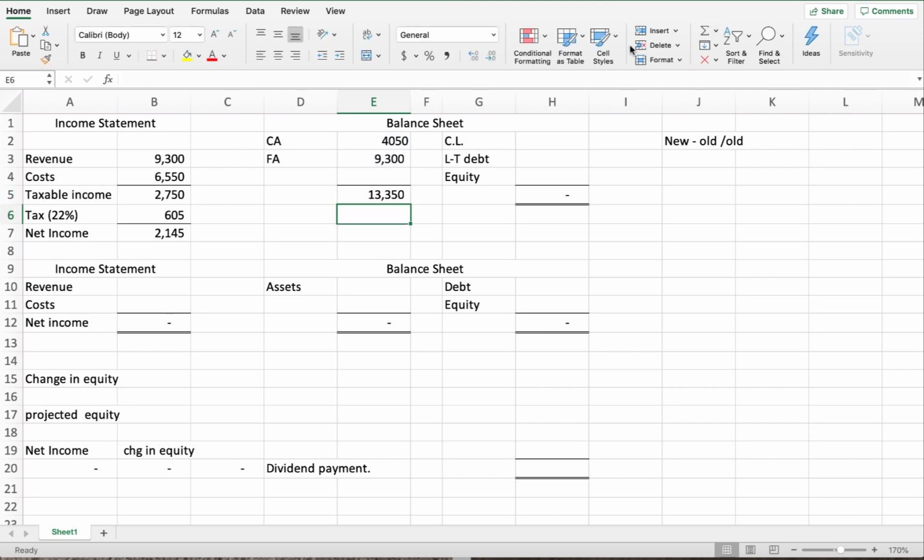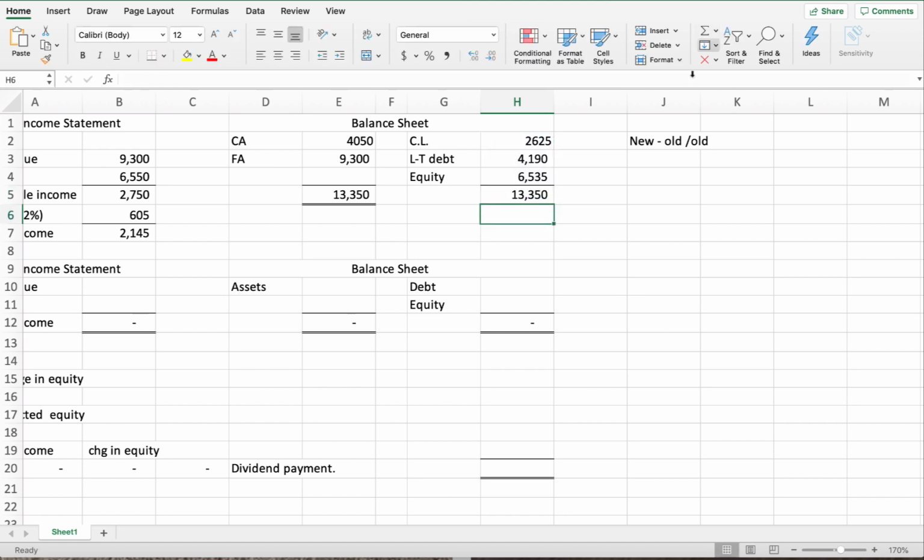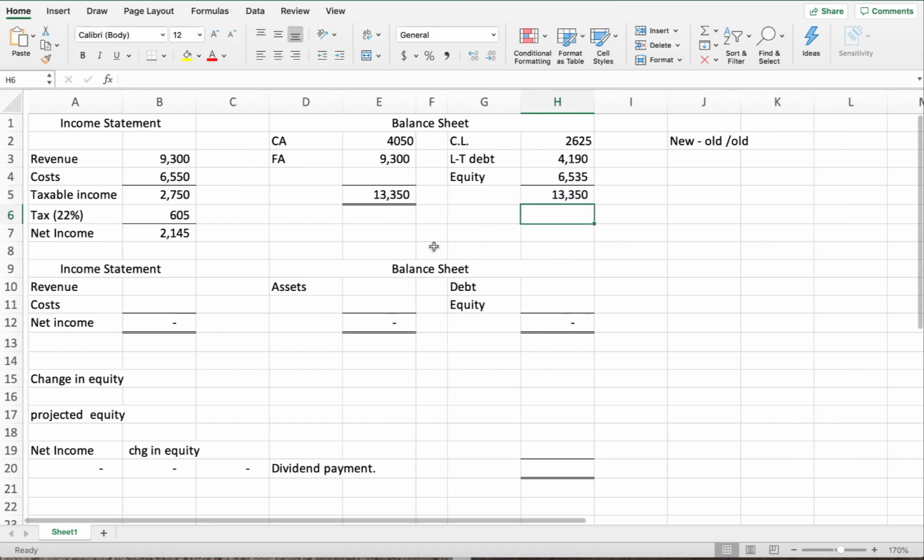Okay, so then they give us our liabilities, which are 2625. Long-term debt's 4190. And equity is 6535. I'm just going to sum these up. Okay. Balance sheet balances, we're good.